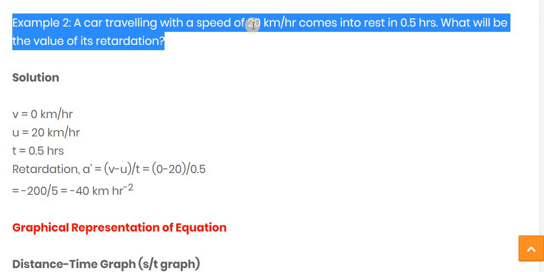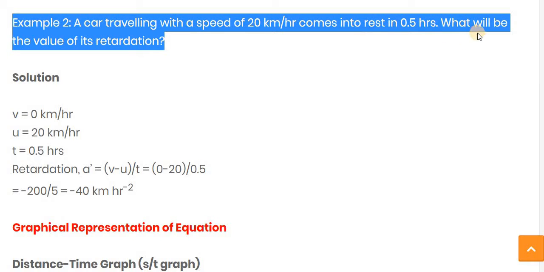So we consider u as the initial velocity, 20 km per hour, and after 0.5 hours it comes to rest, meaning it stops. So for the final velocity we have to consider 0 km per hour.